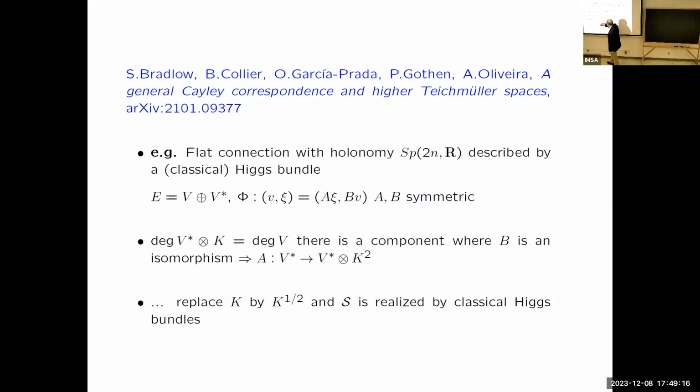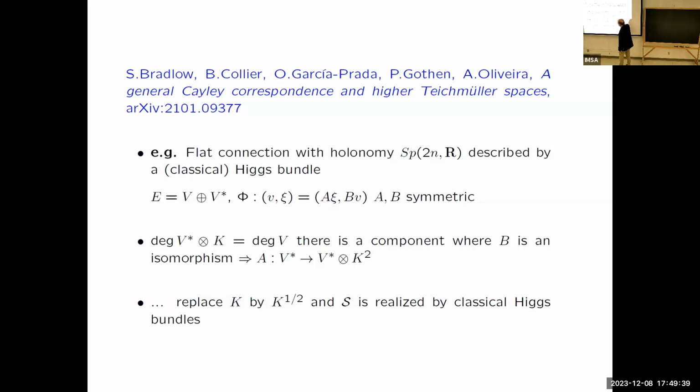But there's an integer involved in this, which is basically the degree of B. This tells you that actually these representation spaces have their own components. But in one case, if the degree of this is equal to the degree of this, then there's a component where this B is actually an isomorphism.